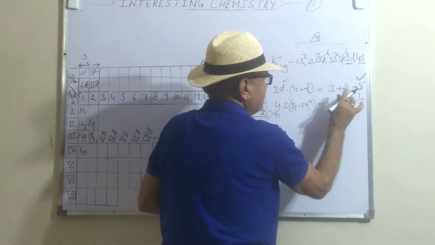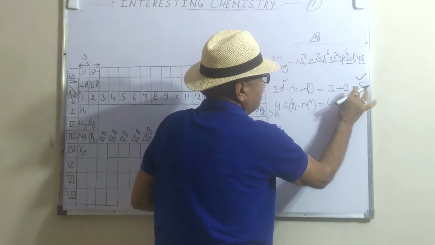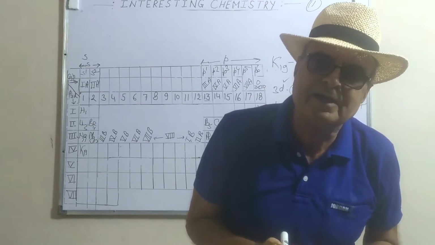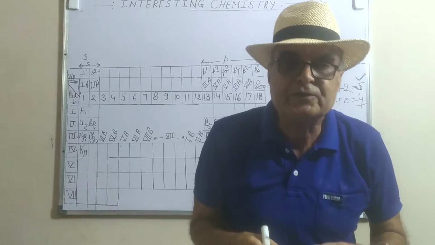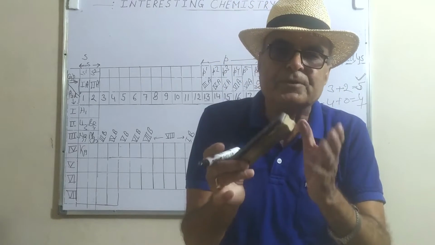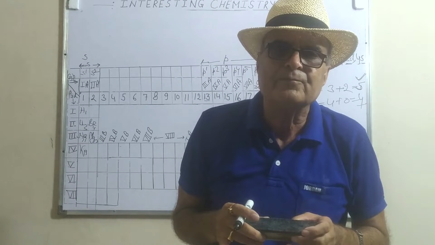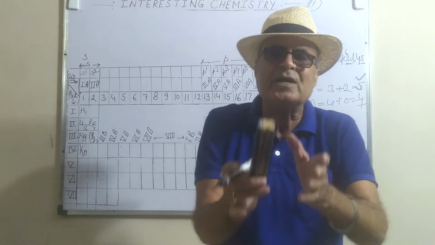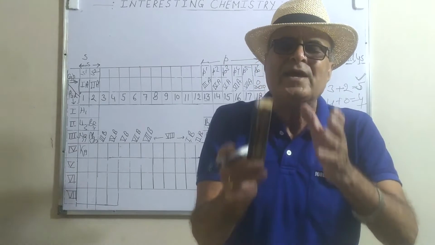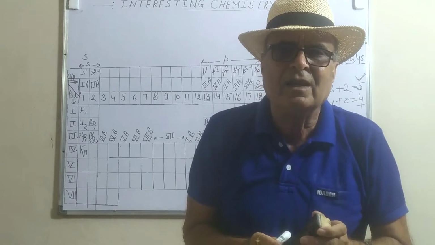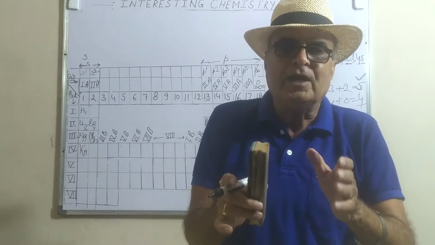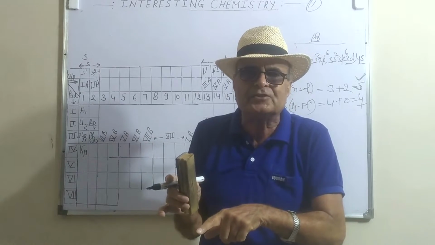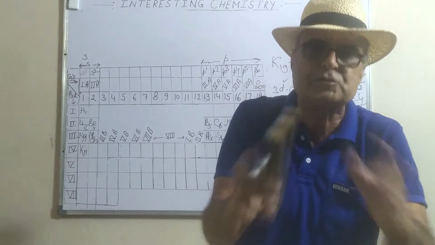Now here this is 5 and this is 4. I told you in the n plus l rule that if two or more orbitals have a similar value of n plus l, that is the second part of the rule, which I will discuss, but first I will tell you the first part.